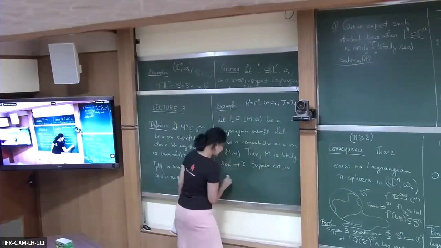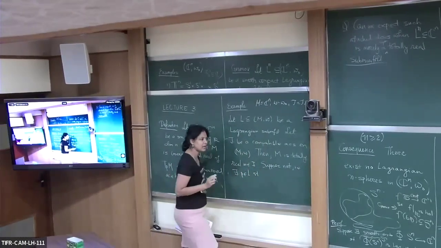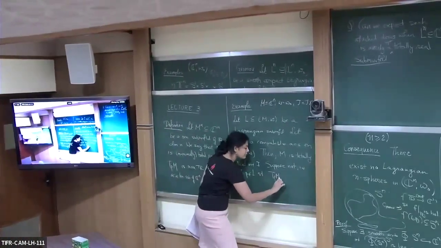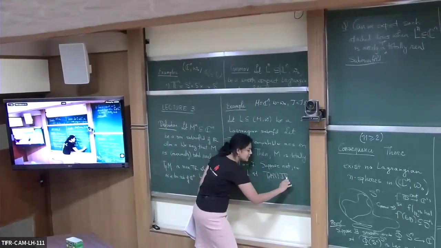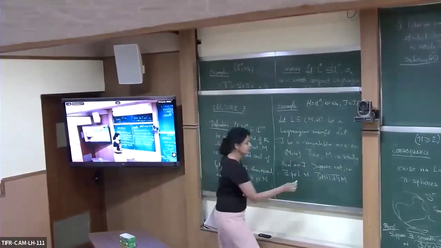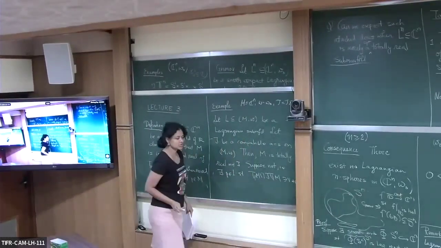I.e., what does that mean? There exists a point in this submanifold such that TpM is not maximally totally real. So when I look at TpM intersect J TpM, it contains a non-zero vector. Okay? So it's not totally real.